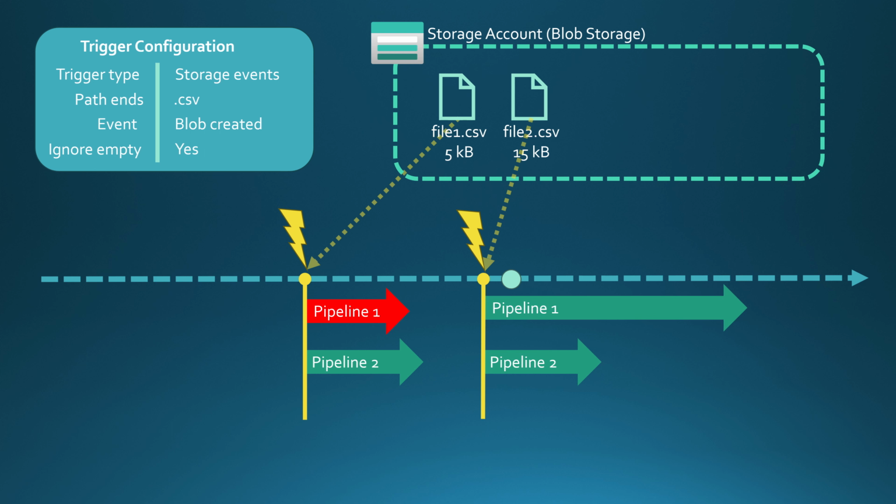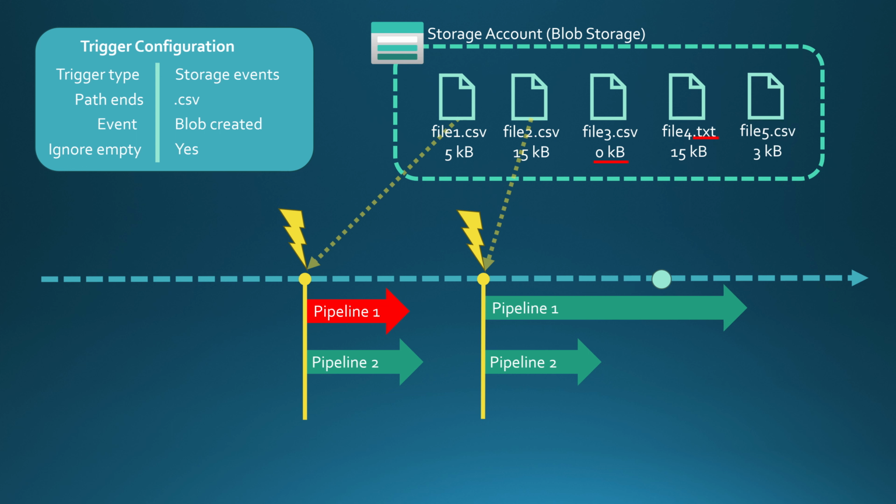And our third file has been created, but this time this file is empty, so it doesn't trigger any pipeline runs because we have decided to ignore empty blobs. Our fourth file has been created, but now it has .txt ending, so it won't trigger any pipeline runs.